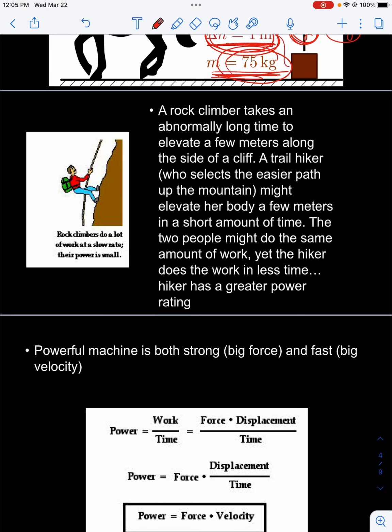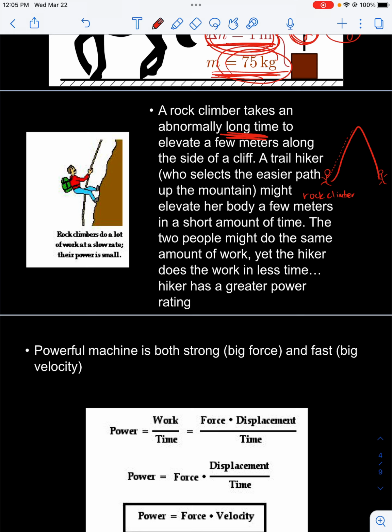Let's look at this next thing. Say that we have a mountain, and we've got twins. One twin is going up this side and one twin is going up this side. They're identical in mass and identical in weight. This twin decides to be a rock climber, and the rock climber takes the hard route up the side of the mountain.